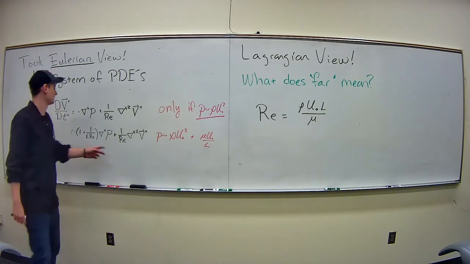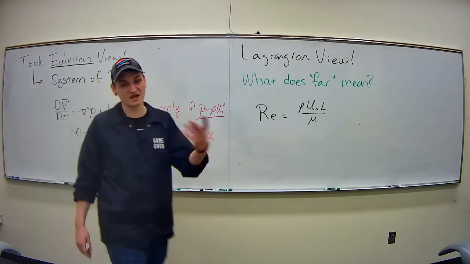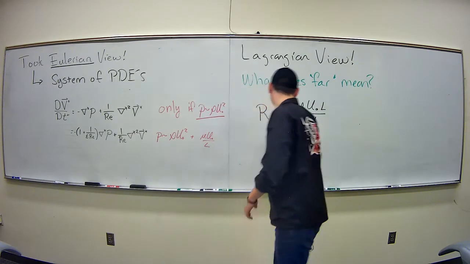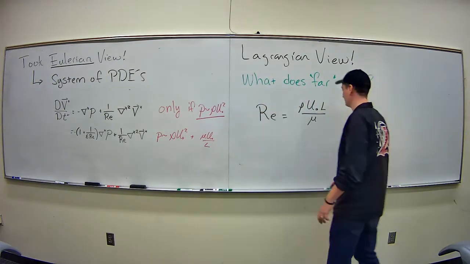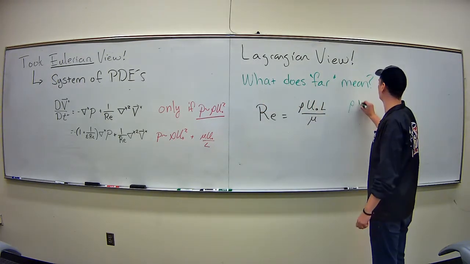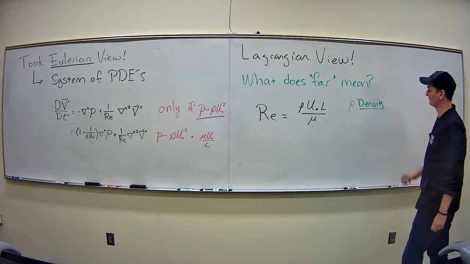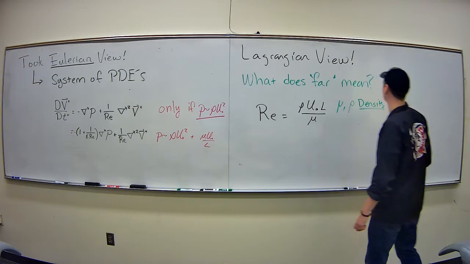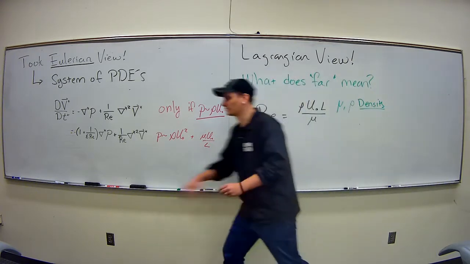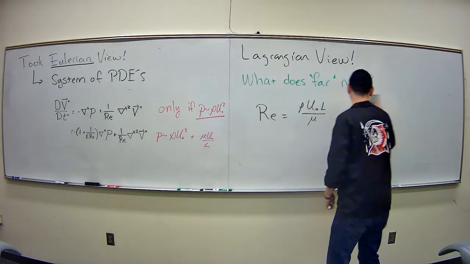Either way, though, you see that Reynolds is pretty important in here. What did Reynolds come from? The Reynolds number comes from these terms right here. Importantly, my rho, which is my fluid density, and my mu, those are medium properties.